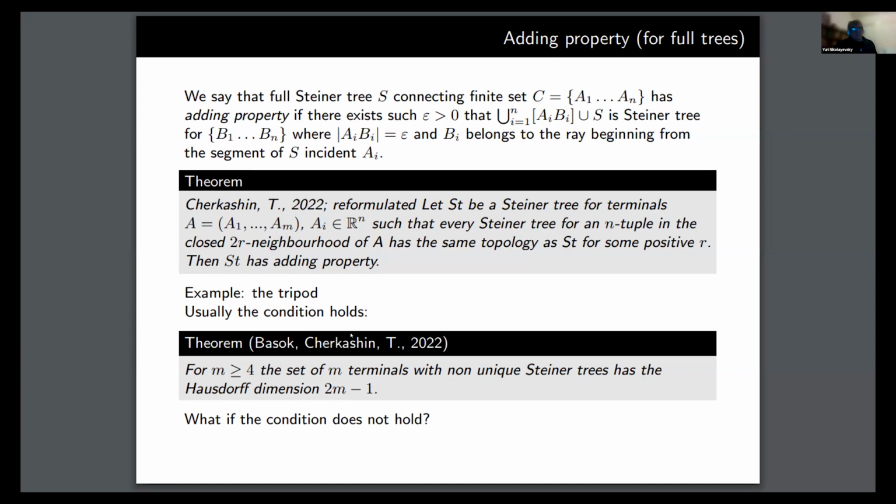So I assume for m equals 4, this set is completely described. It is fully known. It is not hard to describe. So it has dimension 7, and we understand what the position of vertices looks like if they don't have a unique Steiner tree, not only vertices of a square.